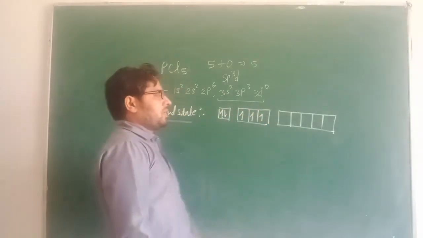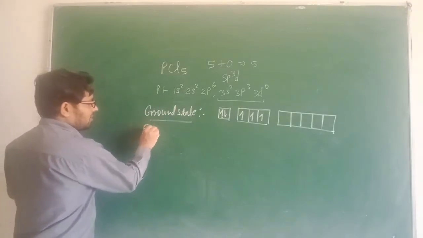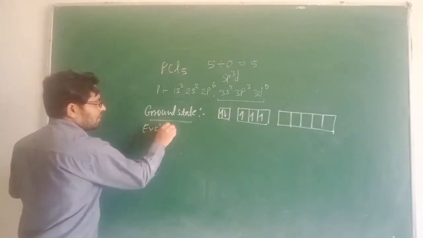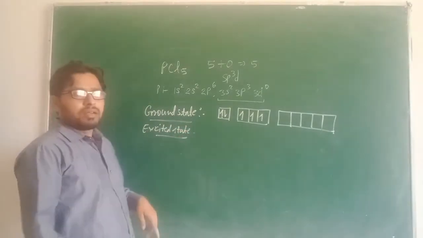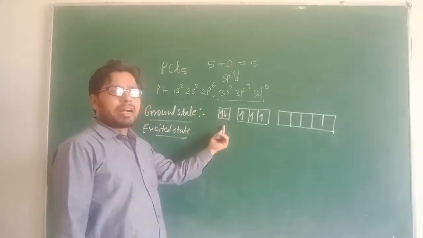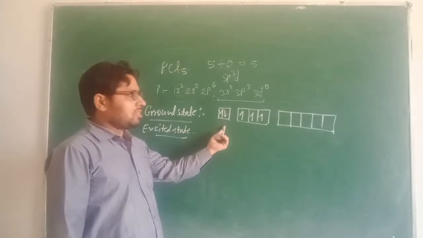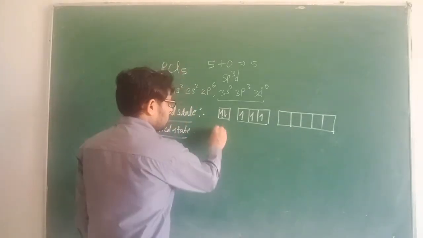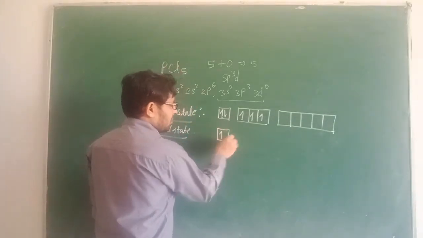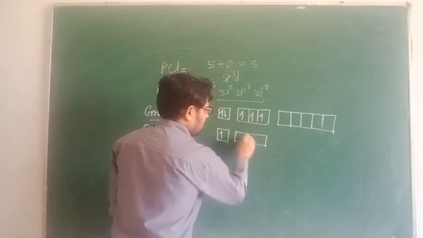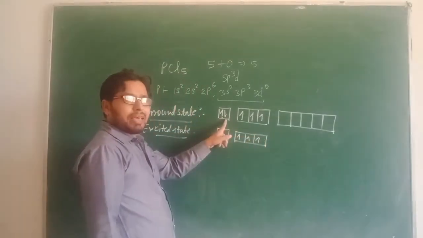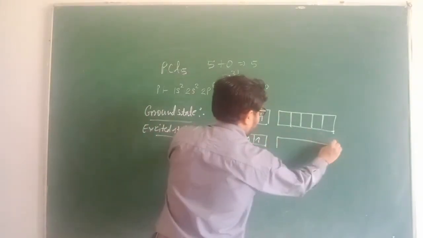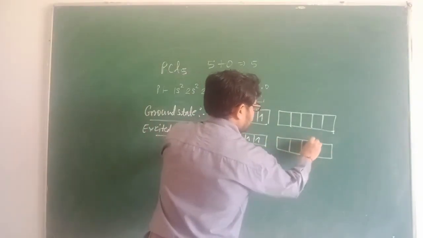This is the ground state. Now in the excited state, what will happen? One s orbital electron is going to be excited by gaining energy and enter the d orbital.